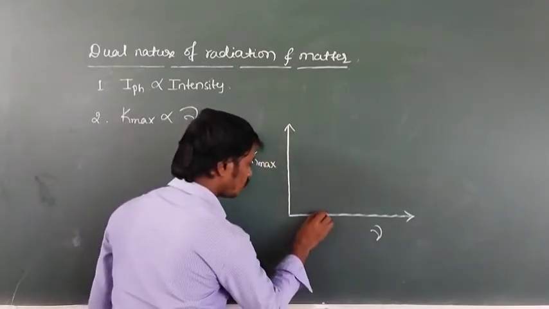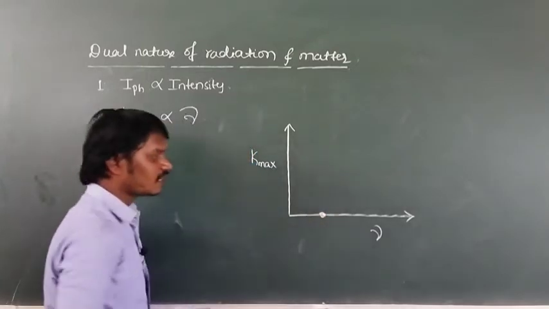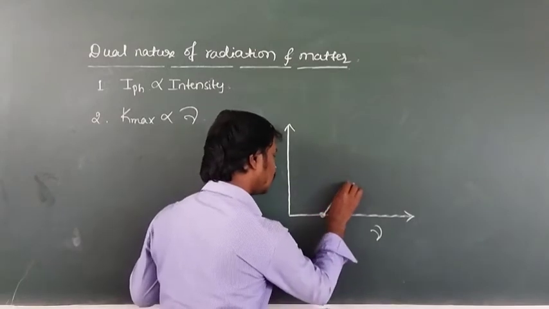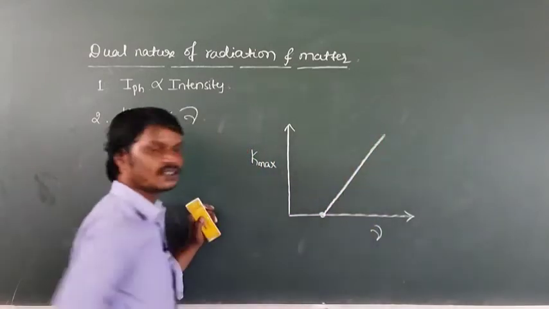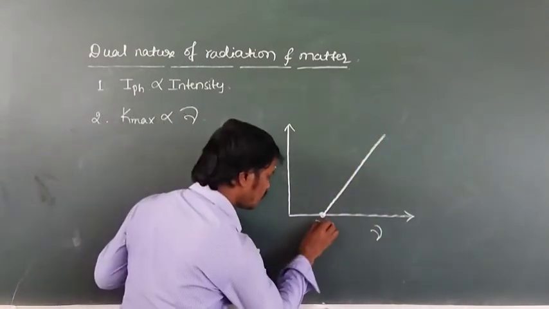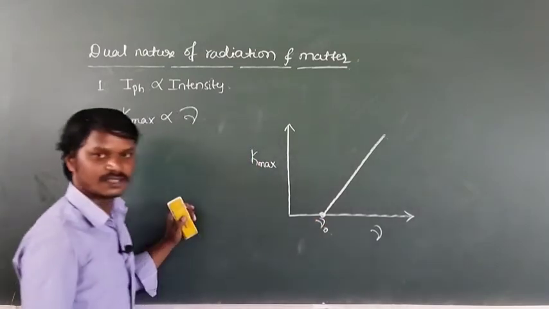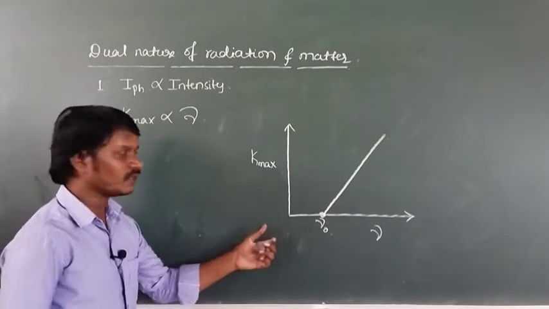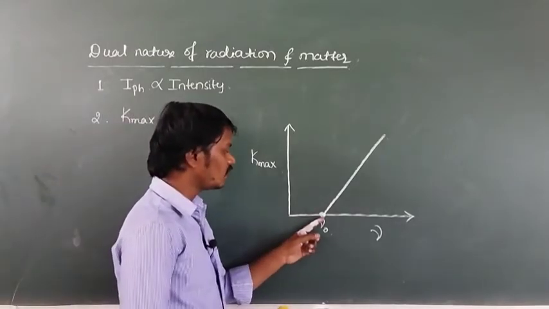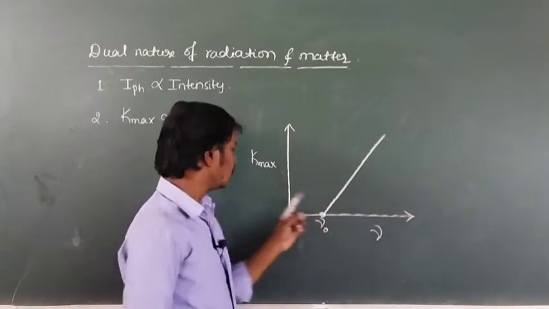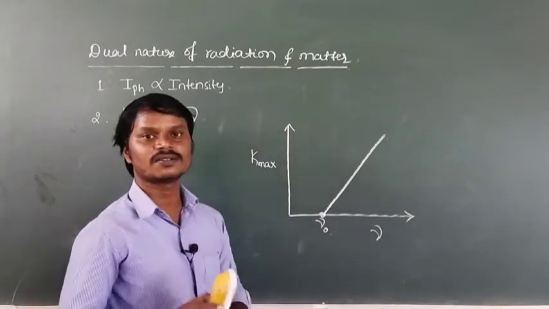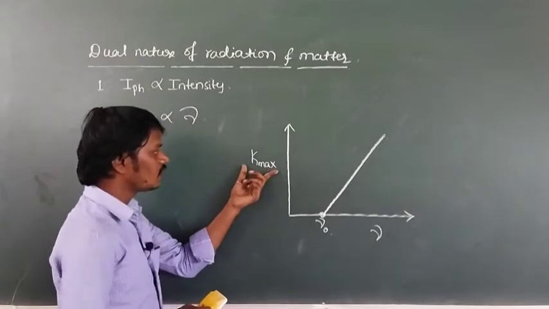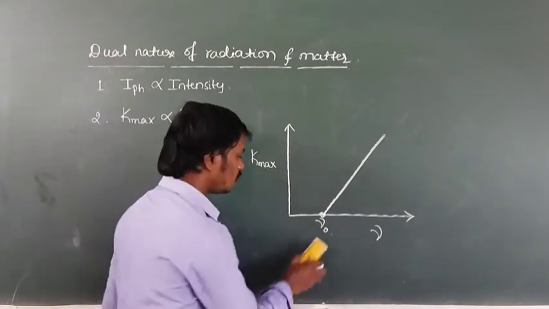As the frequency of incident radiation increases from the threshold frequency, the kinetic energy increases, and this is the threshold frequency. Below this frequency there is no photoelectric emission. So as the frequency increases from the threshold frequency, the kinetic energy of the ejected electron also increases. And one thing to remember, the kinetic energy is independent of the intensity of incident radiation.